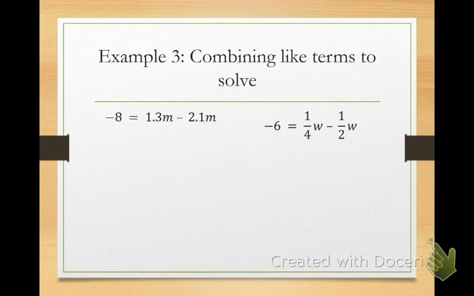What do you notice? Someone raise your hand and tell me, what do you notice? Julia? Backwards. It is backwards. So I'm going to need to deal with that. Okay, what else do you notice? Kaylee? Yes, there's two variables and they are on the same side of the equation.